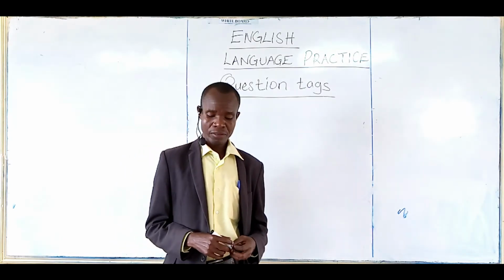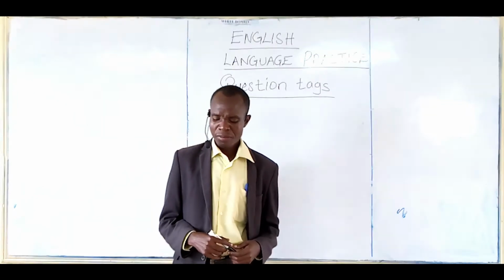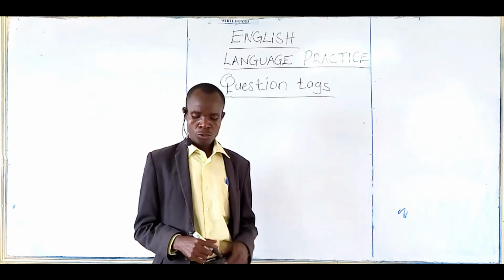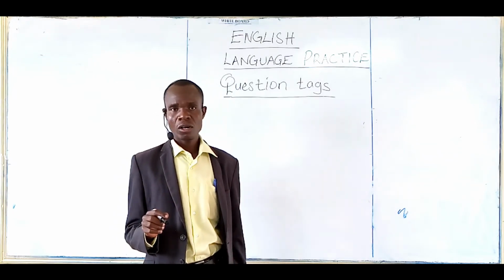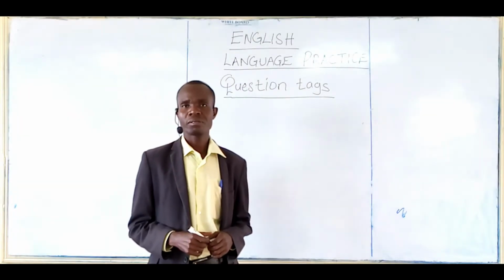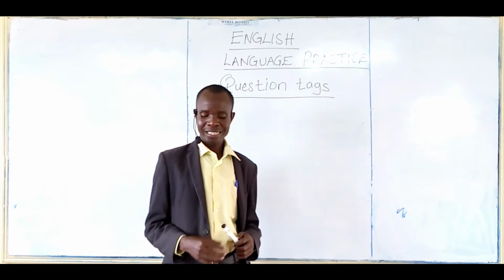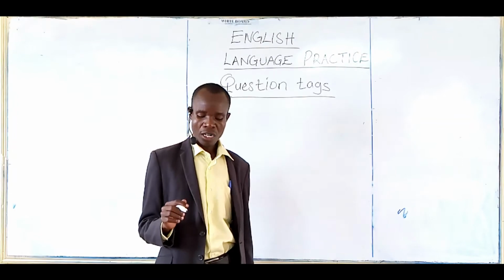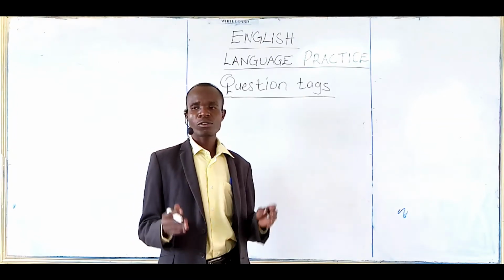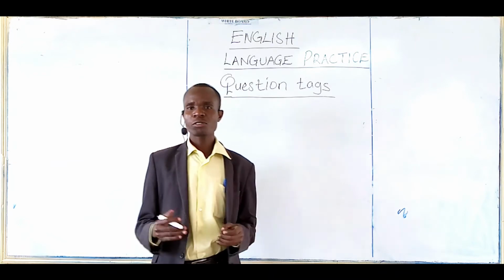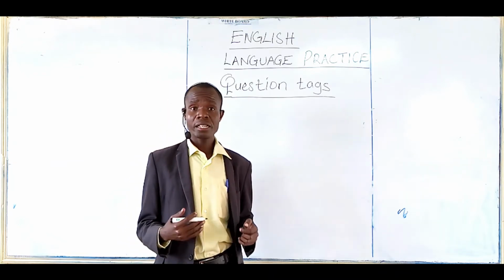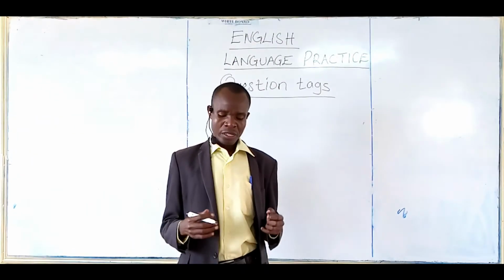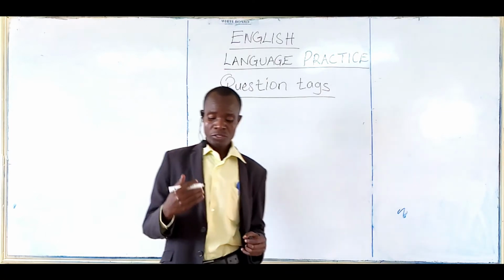Now, it is very useful because it is used in a conversation to get a response or a confirmation. So if you want to confirm the statement or you want to respond to the statement, then we use a question tag.